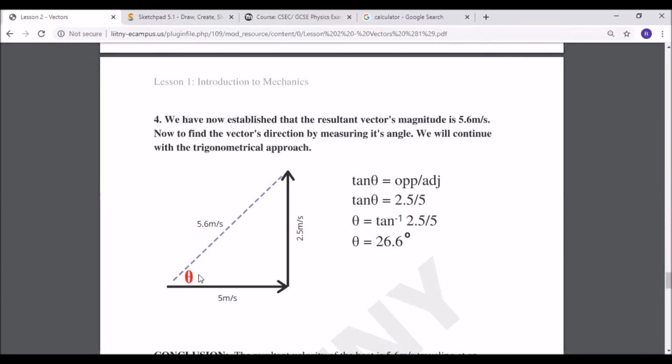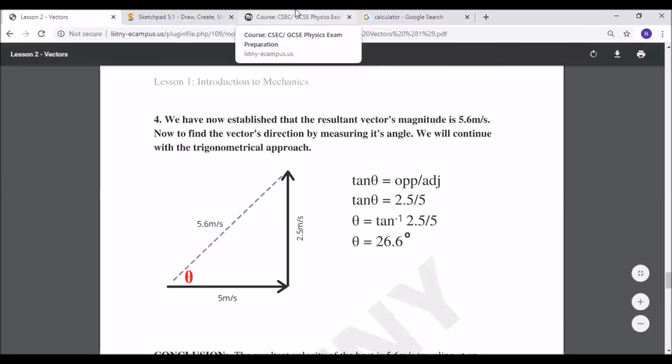So here we have theta, which is representing the angle, and we will continue with trigonometry to find the value of this angle. So we know the opposite side, which is 2.5, opposite of the angle, and we know the adjacent side, which is adjacent to the angle, which is 5 meters per second.